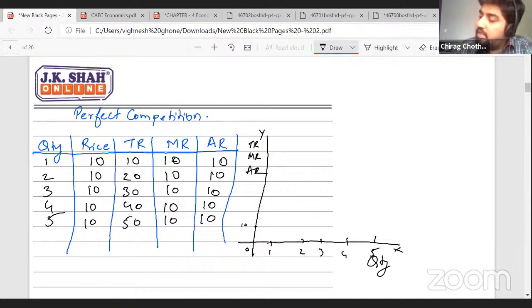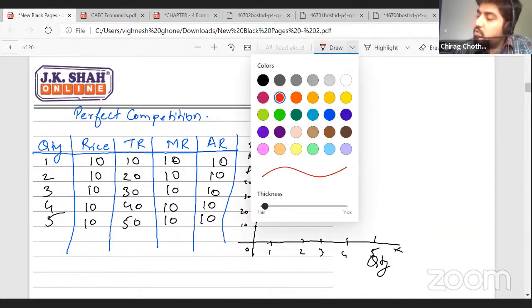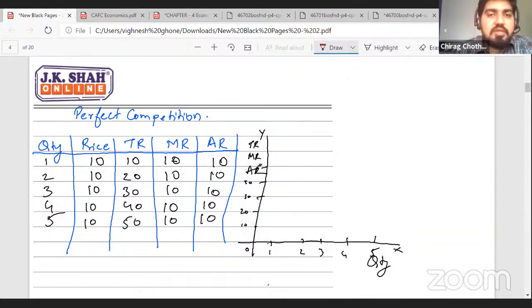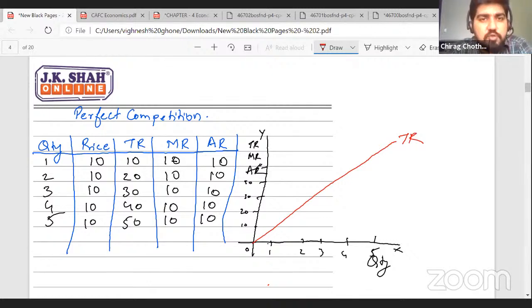Here it will be 10, 20, 30, 40, and 50. Now if you notice, students, how will our TR curve be? It will be upward sloping, yes or no, because it is increasing 10, 20, 30, 40, 50. So I will be getting my TR curve, which would be something like this. So this becomes my TR. If it is asked in the MCQ, it will be an upward sloping straight line in perfect competition.